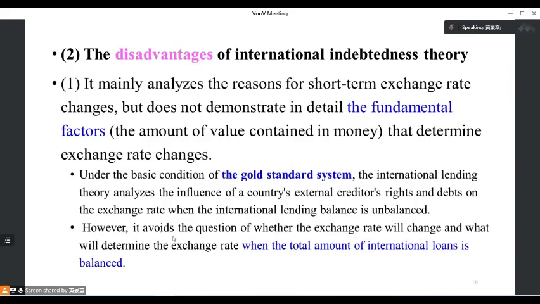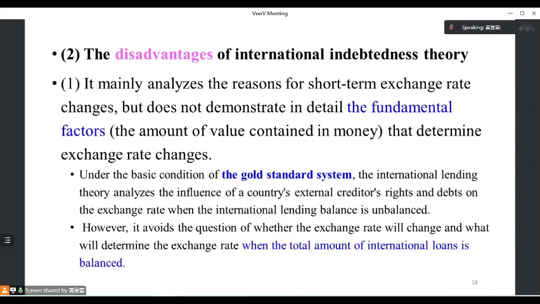However, it avoids the question of whether the exchange rate will change and what will determine the exchange rate when the total amount of international loans is balanced. From this part of the PPT, we can get the conclusion that the disadvantage of international indebtedness theory gives us two points.